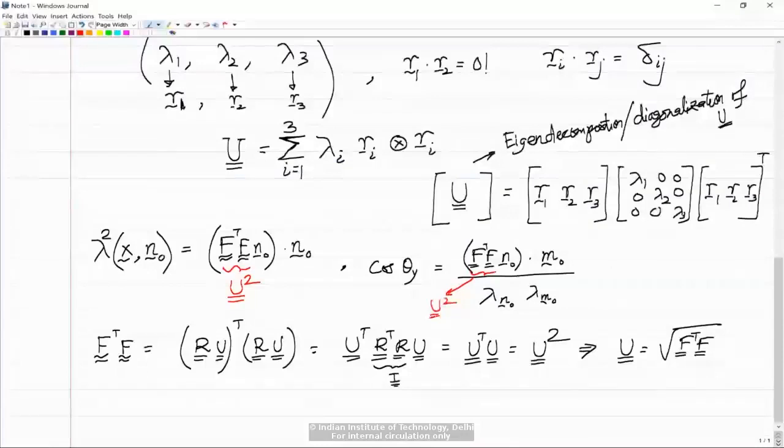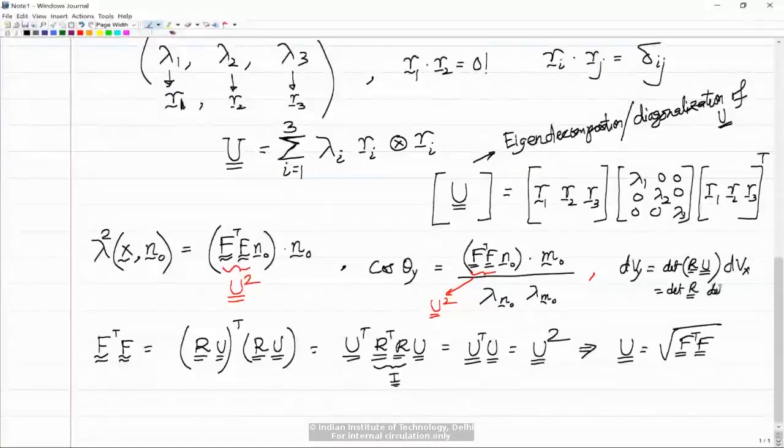Likewise, if I simply write here for dvx and dvy, you have dvy is equal to det F, which is det of RU into dvx, but determinant of R into U is the same as determinant of R into determinant of U, right? So this is the same as det R into det U into dvx. That's a property of determinant.